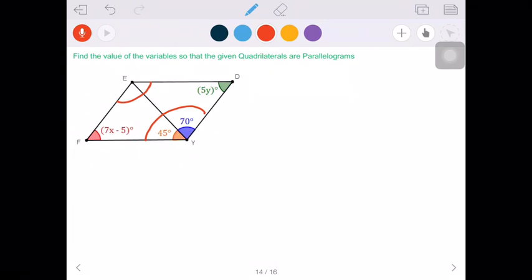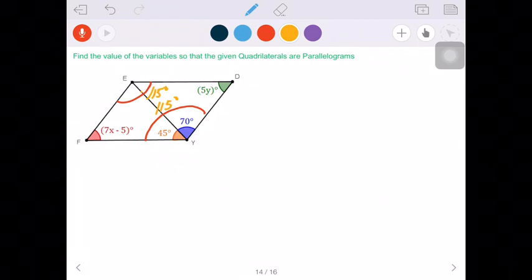So in total, these two angles become 115 degrees, which means this angle here is also 115 degrees. Angle FED, 115.